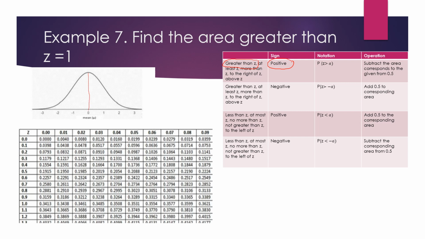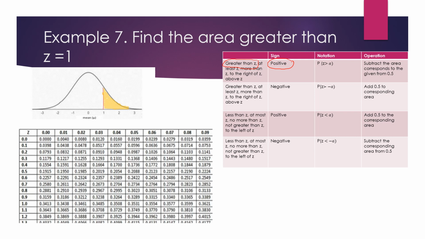This is the mean. 1 is this one. It says to find the area greater than 1, meaning the given region is from 1 up to this region. So this is now the region that we're going to find.